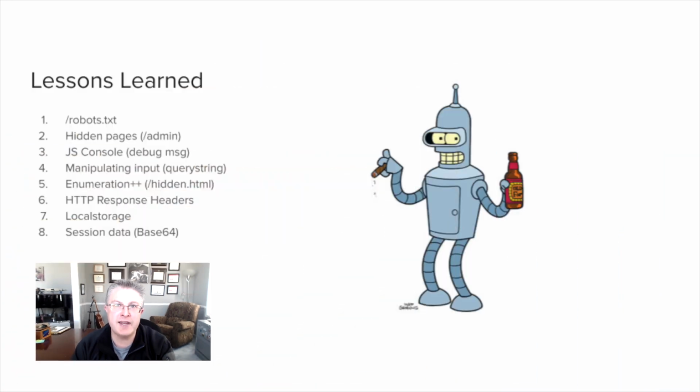And finally, any data that gets stored in local storage needs to be adequately protected. The examples I used were fairly contrived, and again, most session cookies are not going to be encoded using base64 values.